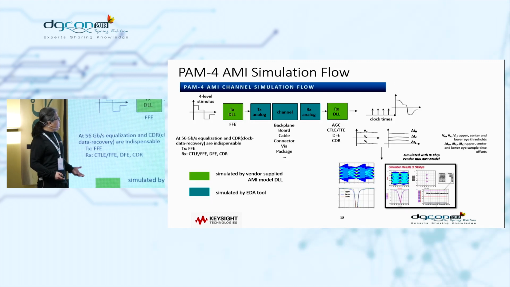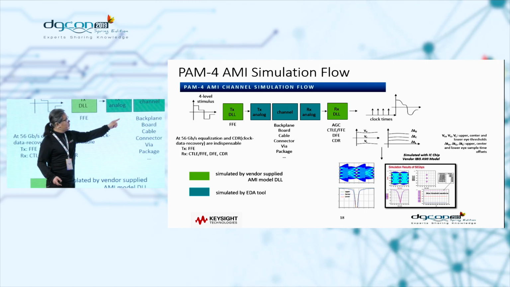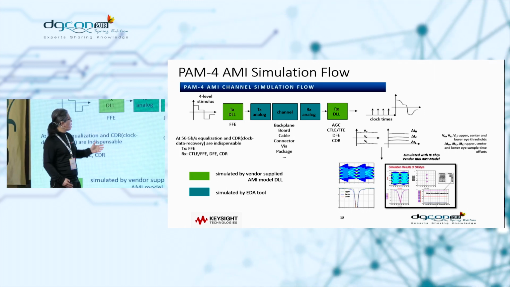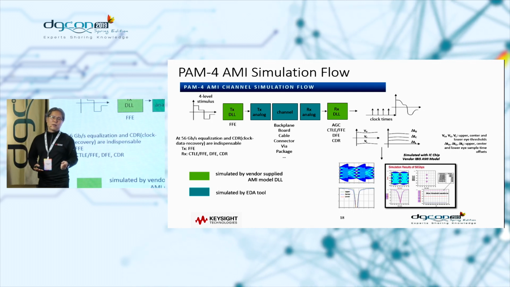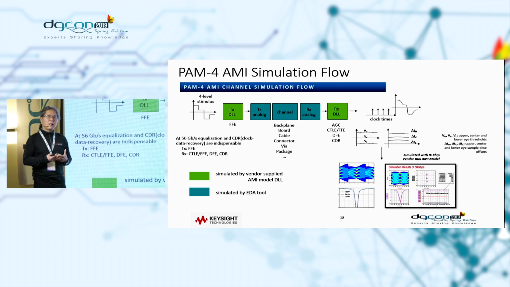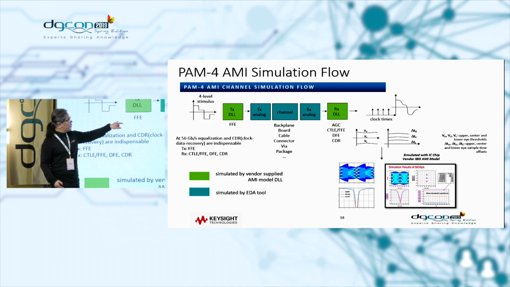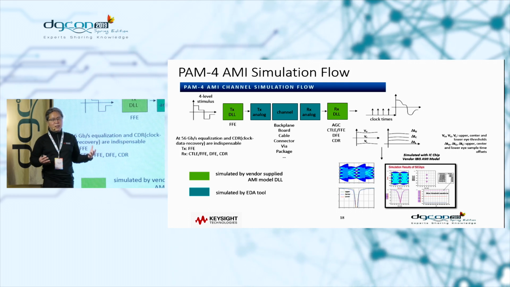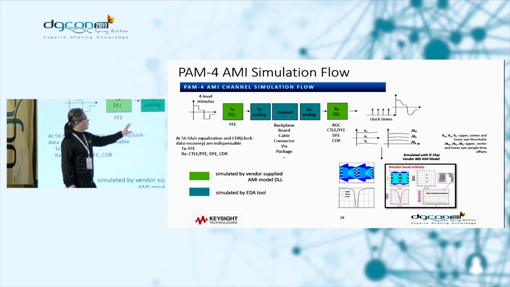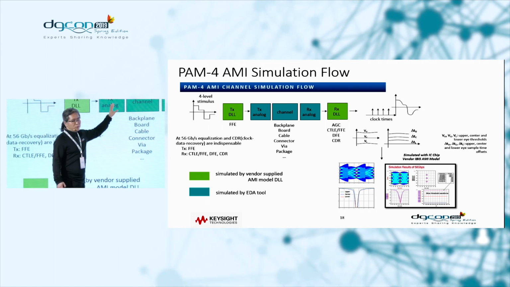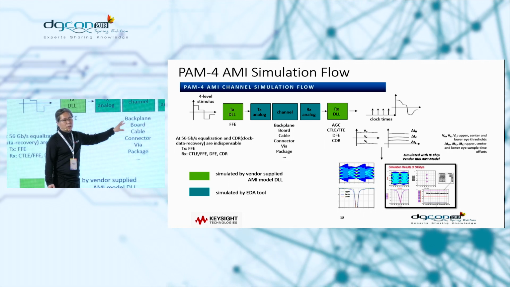So how things really work for TX and RX: the algorithmic part is represented by a .dll or .so file, which is pretty much compiled data from the chip vendors. The TX analog and RX analog, which are the package information, along with the channel data, are things that software vendors like Keysight and ESOP simulate.